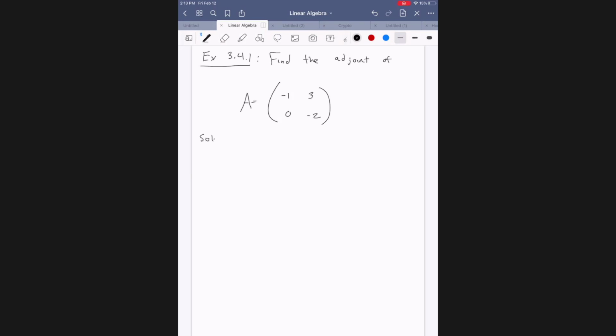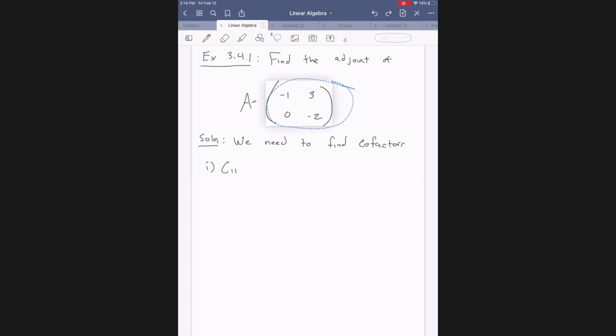The solution: we need to find the cofactors. So let's find C11. Let's take this matrix and find the cofactor for C11. So we need to find a minor.